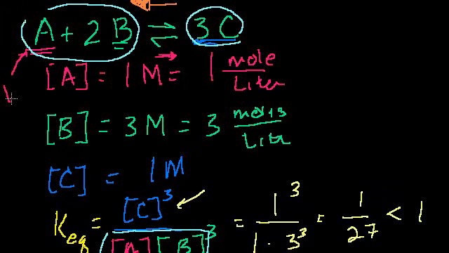I add some concentration of A, so now my new A is equal to 2, and let's say my new B... Actually, instead of going into this situation where I change the concentration, let me do that in the next video, because I just realized that I'm running very low on time.